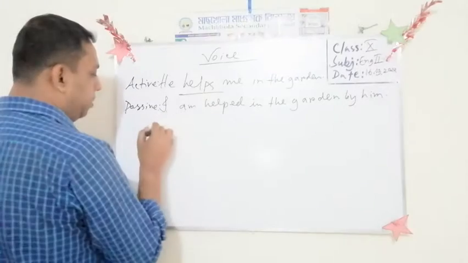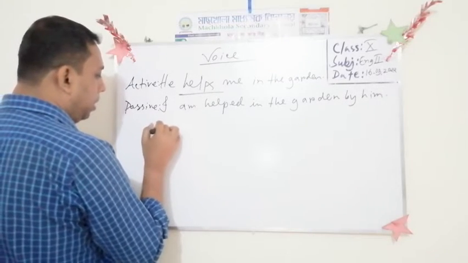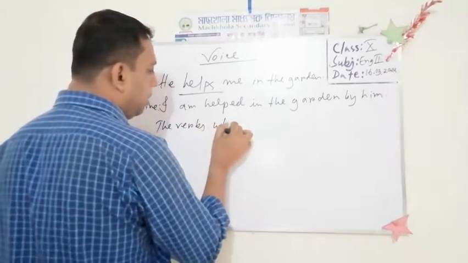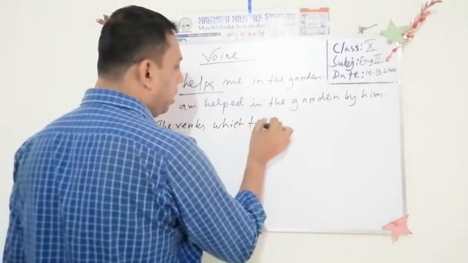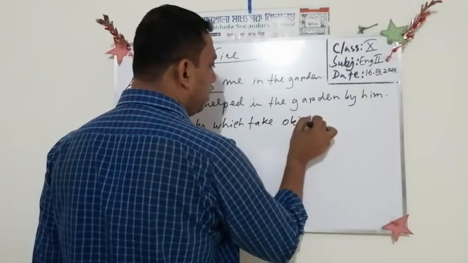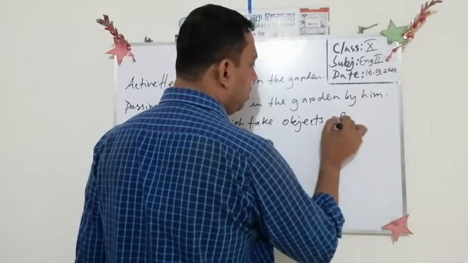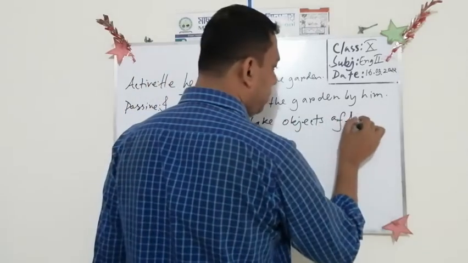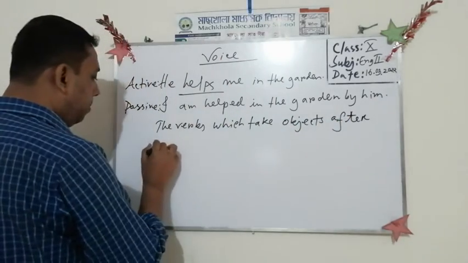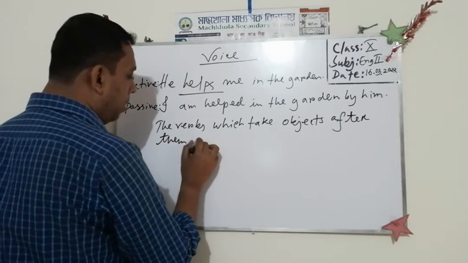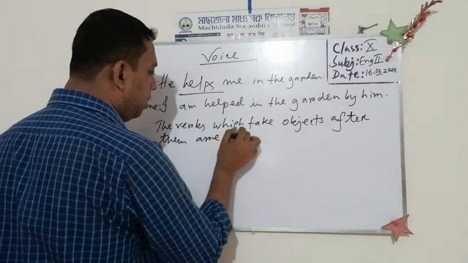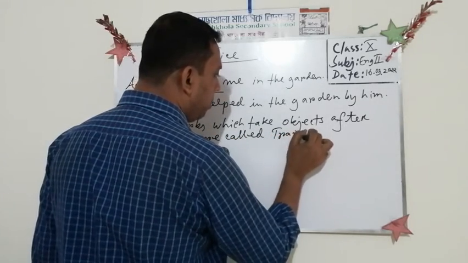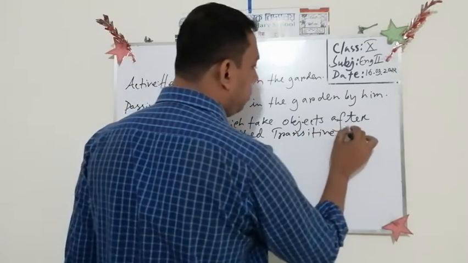The verbs which take objects after them are called transitive verbs.